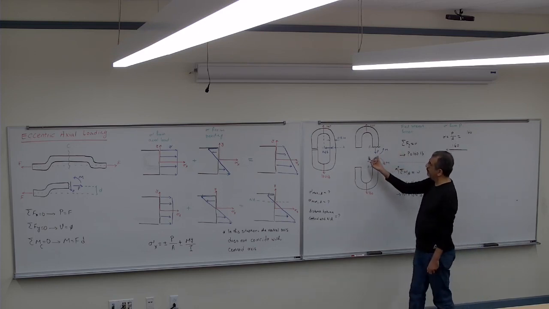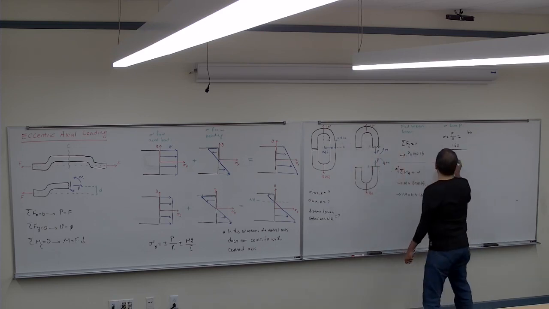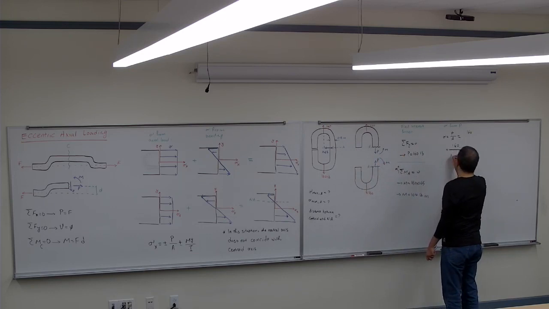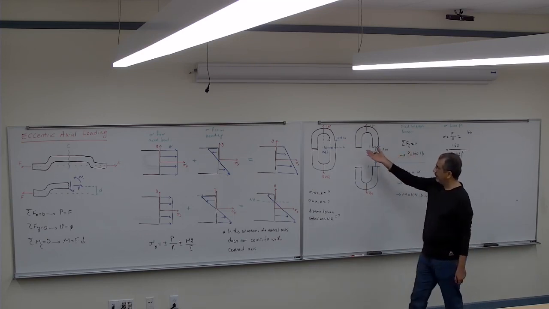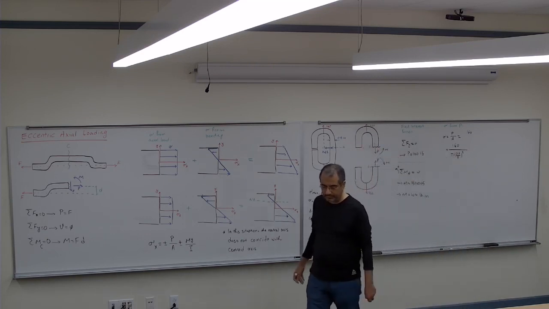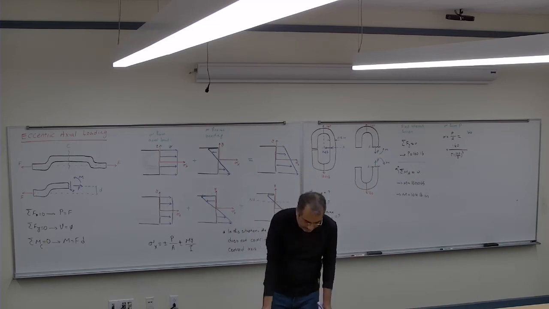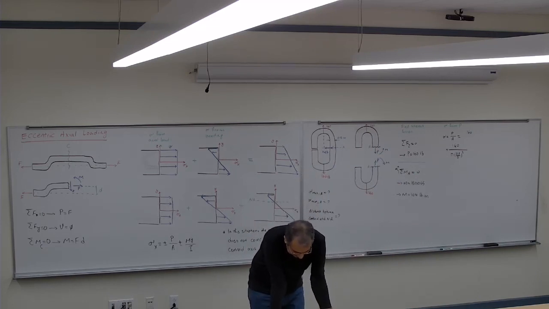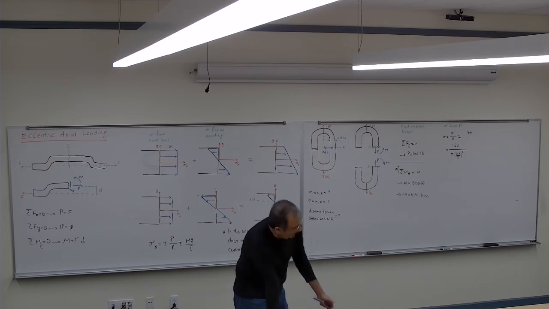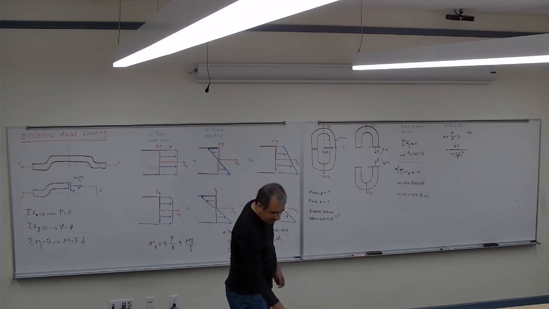It's a circular area, so pi d squared divided by 4.